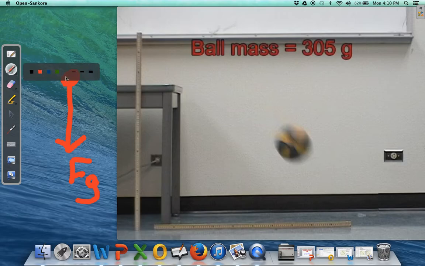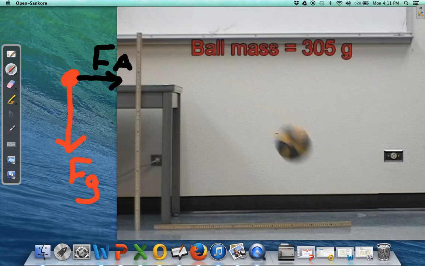As I was walking around and looking at your papers, I saw a lot of people add another force to the right. And most people labeled that force applied. Okay, here's the deal. Yes, at some point there was an applied force to get this ball moving to the right. Because obviously there's probably someone over here off screen that rolled the ball across the table, which made it fall to the ground.